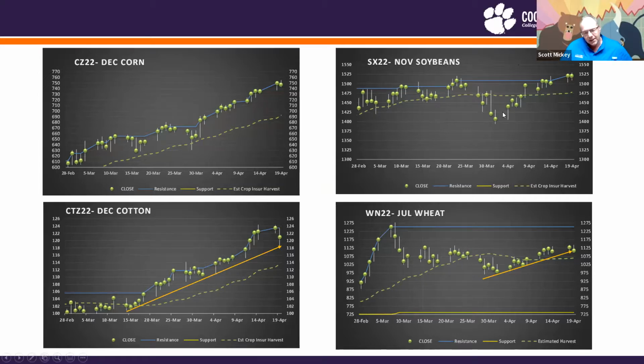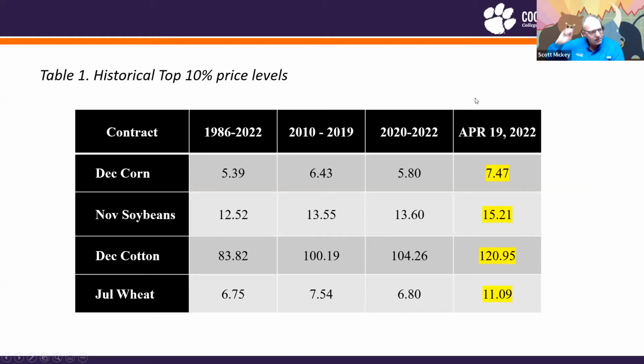As I was writing my newsletter this morning, I wondered how good of an opportunity these prices are. So I went back and looked at some of the historical prices available to these crops, from 1986 through 2022. That's 36, 37 years of corn prices.